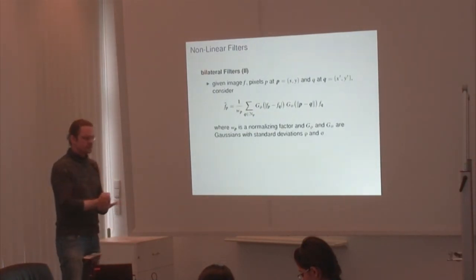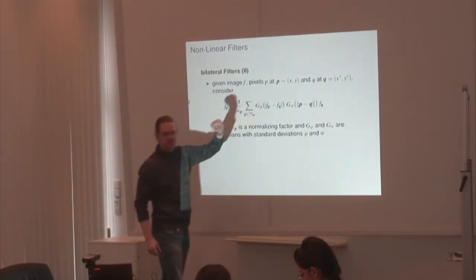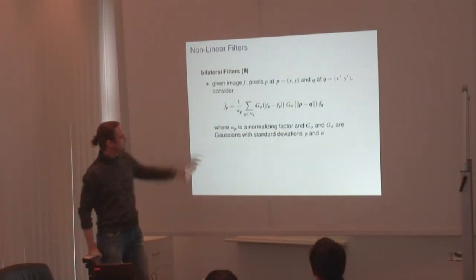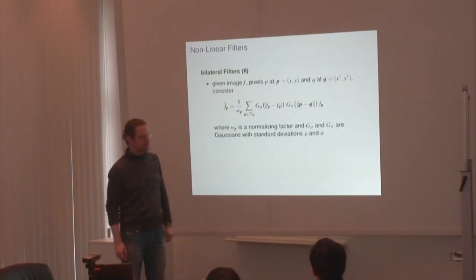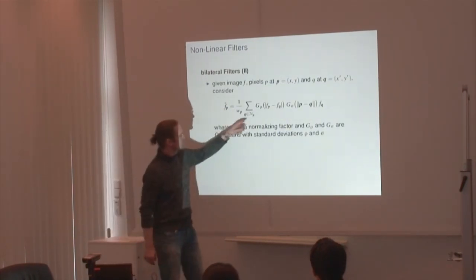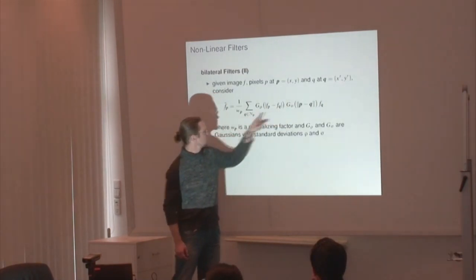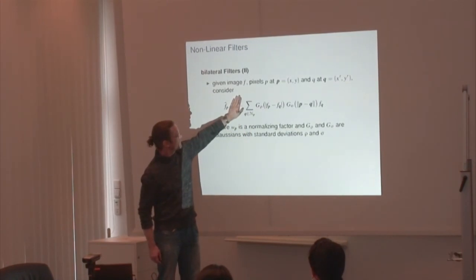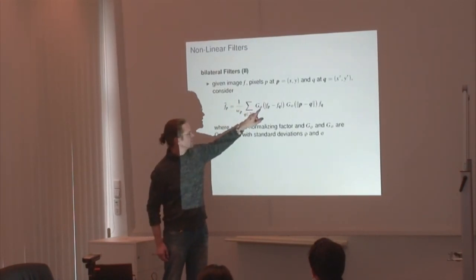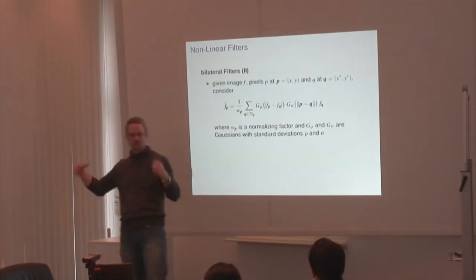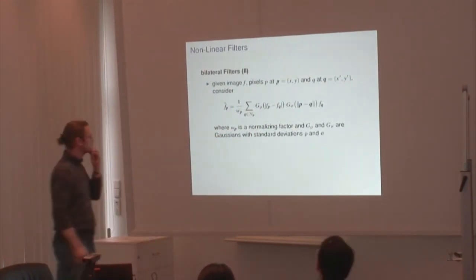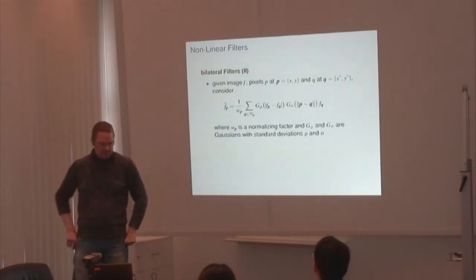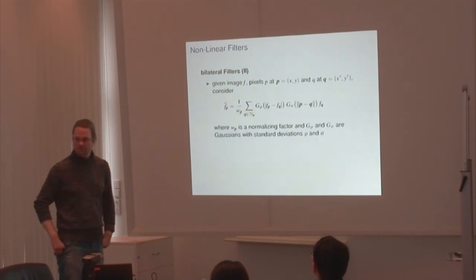This destroys the linearity of this operation. This is anything but linear. This 1 over Wp is the sum over these products for every pixel in this neighborhood. When I implement this, I first compute this, and then for every pixel I compute this product, add that to some variable, and once I'm done, I divide by the overall sum of these two factors. This is a bilateral filter.